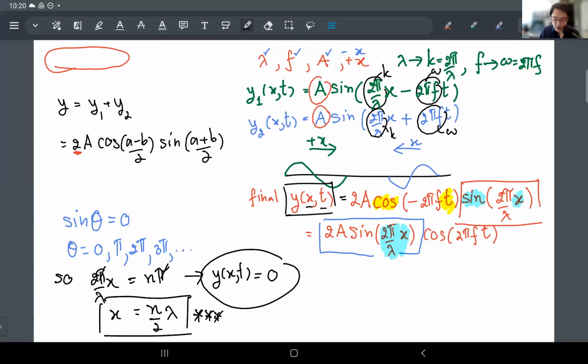That means as long as you are staying at this particular spot, a multiple of lambda over 2, that will be the spot where there's no movement. So I can contrast this to a different condition. I can go the other way around, I can go to the maximum.